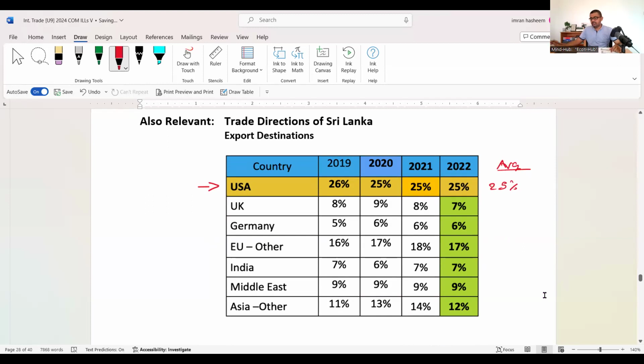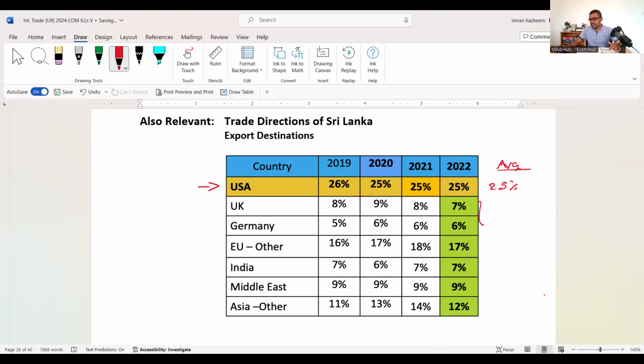Then what are the other countries we export to? Mostly European countries. UK, Germany. UK is not in the European Union anymore with Brexit and all that, but that doesn't mean they are not in the European continent. They are in the European continent, right? They might argue we are a separate island, but end of the day, right? So UK, then Germany, other EU.